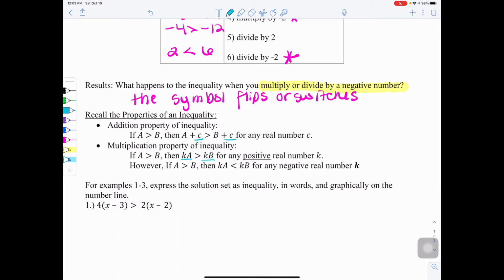But underneath we're going to star because we have the special situation here where if A is greater than B, but then you multiply by K and it's negative, your symbol's going to flip. So you're going to notice here it was greater than and now it's less than. So as we solve these inequalities, we have to keep that in mind. If we multiply or divide by a negative anywhere in the solving process, we will have to flip the symbol.